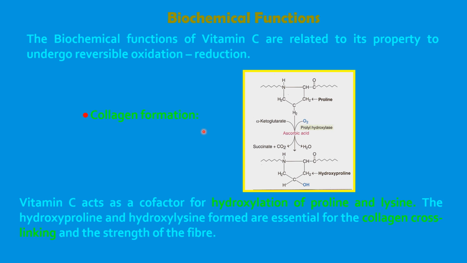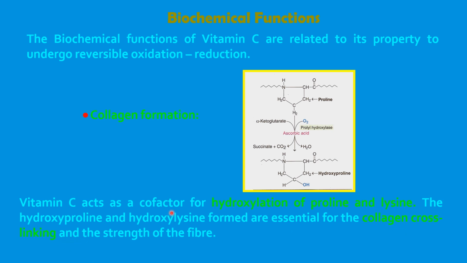So where does this hydrogen bonding come from? We have these amino acids, proline and lysine, that are hydroxylated. We have OH groups added to them, and then these OH groups can serve as a point for creating hydrogen bonding between one collagen chain and another one. And this is what we refer to as collagen cross-linking.